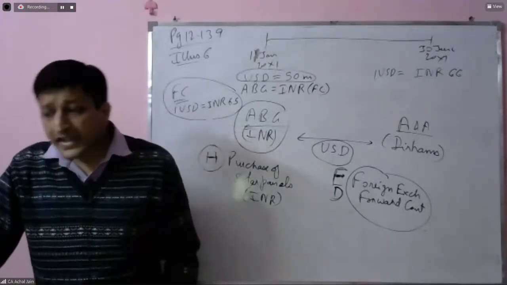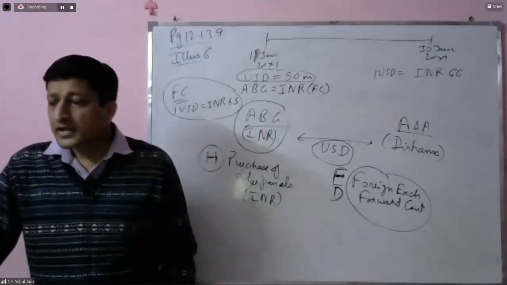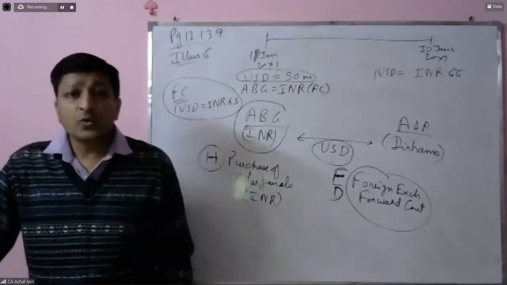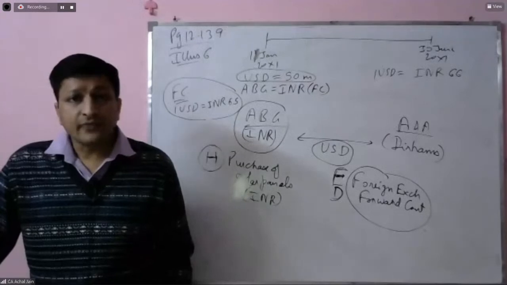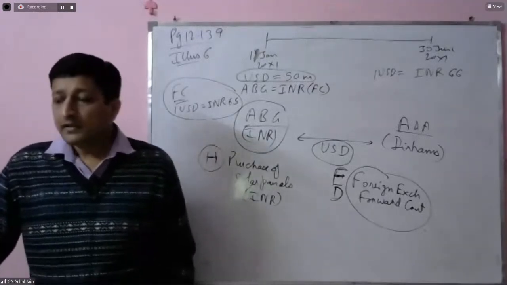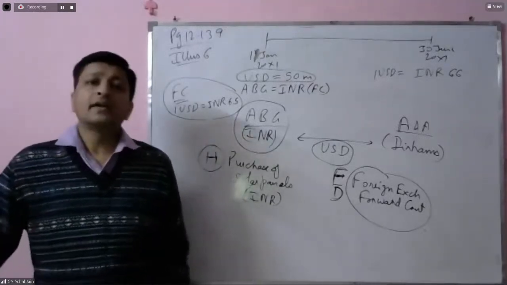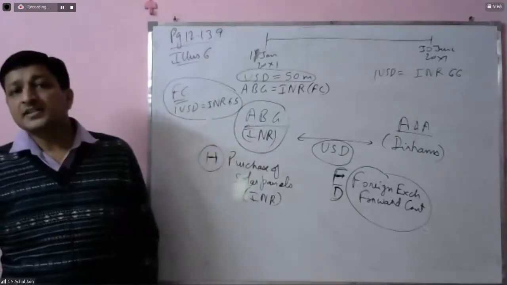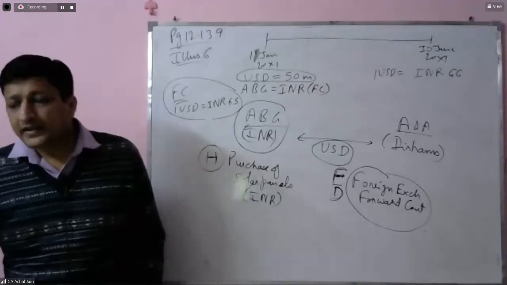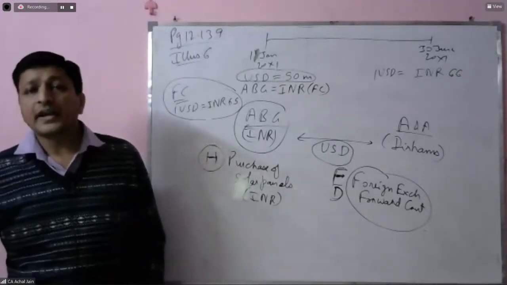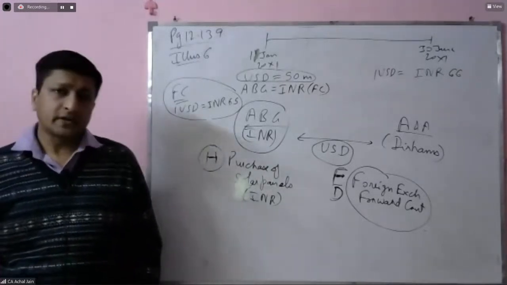The loss arises because ABG has agreed to sell USD at 65 per USD, whereas in the open market, USD can be sold at 66 per USD. No accounting entries are passed on the date of entering into the purchase contract.